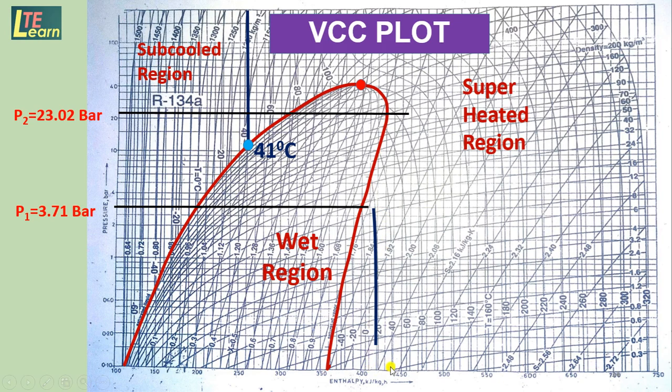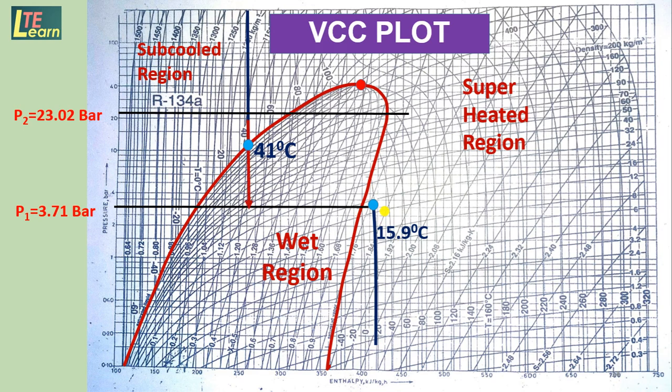So 16 degree Celsius line is between 0 and 20 degrees Celsius, and it is near to 20 degrees Celsius. So this constant temperature line and this suction horizontal pressure line intersect. There we find the one point. So this point is of evaporator exit or compressor suction pressure or compressor entry point.